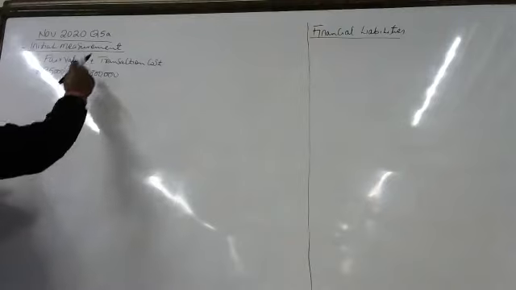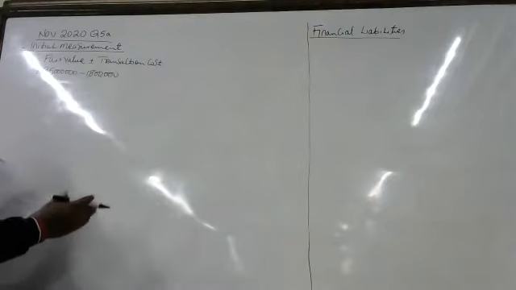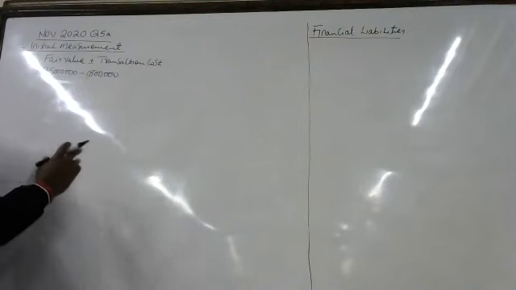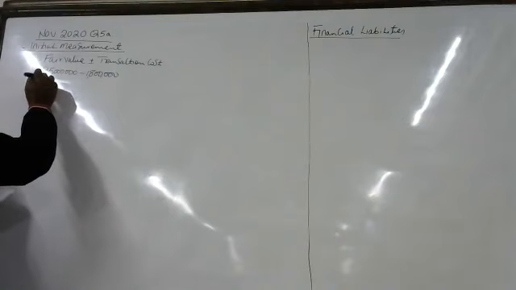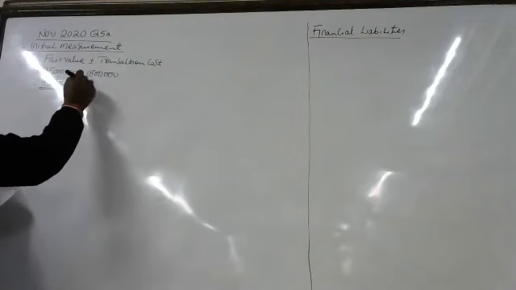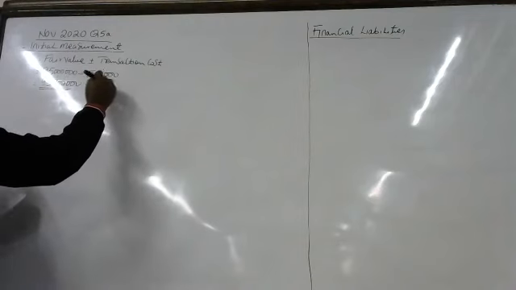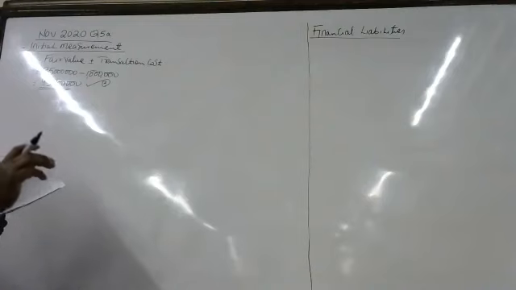That's why we are saying plus or minus, because financial instruments are on either the issuer or the borrower side. So it is equal to 93.2 million. Whoever got that got 2 marks. Just remember: your value plus or minus transaction cost.